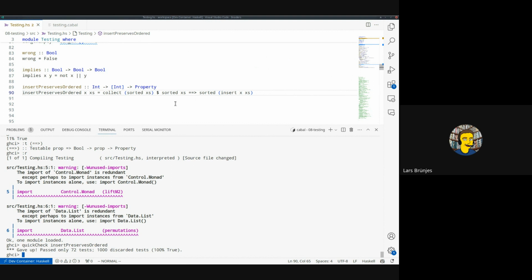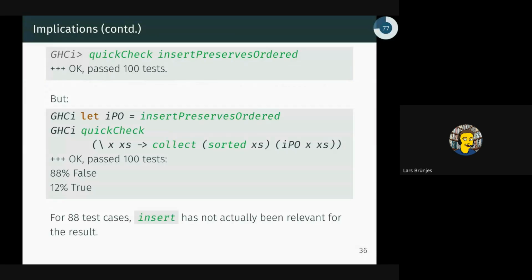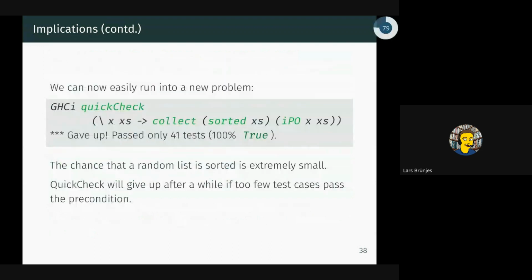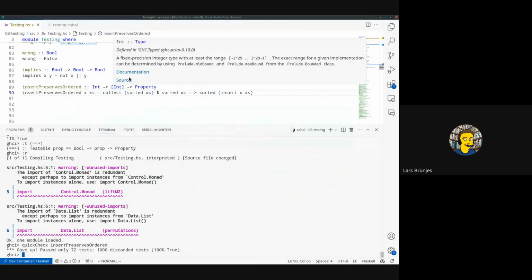Okay, so what can we do about this? Right, here it's different, 41 only, so we were even lucky that we got that far. The problem again is that if I just randomly generate a list of ints, then it's very unlikely that it will actually be a sorted list, especially for long lists.